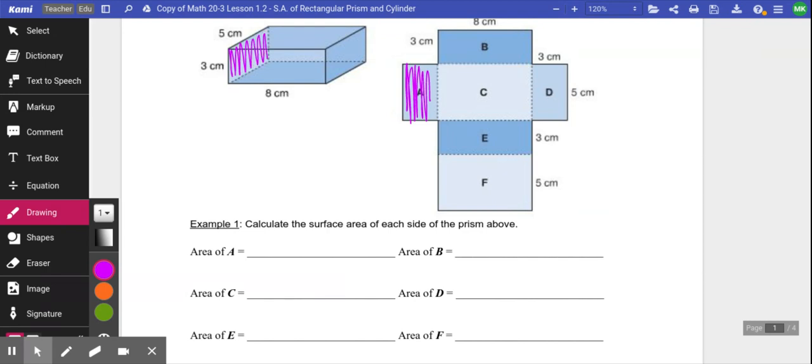And we remember that area is length times width. If I look at this rectangle, the length is 3, the width is 5. 3 times 5 is 15 centimeters squared.